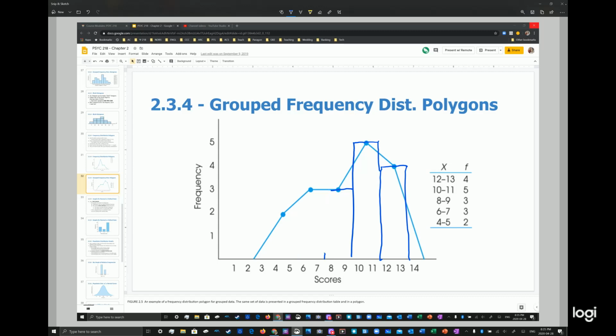Draw that a bit more carefully here. So again, you can make frequency distribution histograms from frequency distribution polygons, or vice versa. Again, the more x values you have, and the more frequency counts you have, you're going to shift to frequency distribution polygons, and those polygons are going to look more like curves.